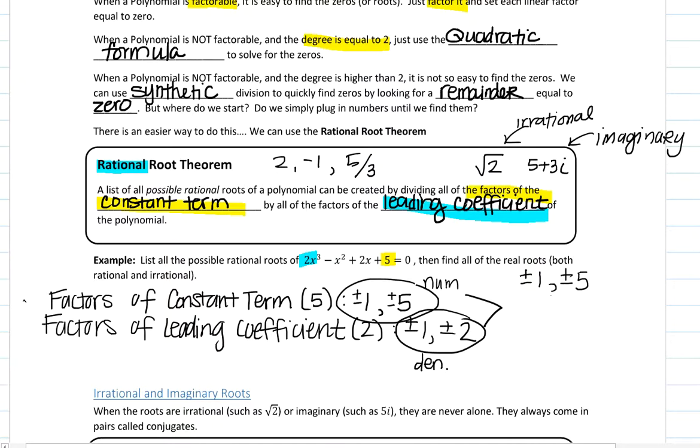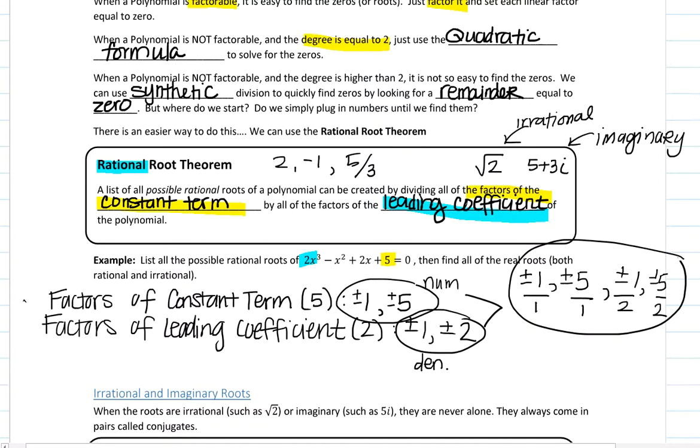So I'm going to divide by 1. Dividing by 1 doesn't change anything, so nothing really happened. But now I'm going to take them again, plus or minus 1 and plus or minus 5, and divide by the other factor of the leading coefficient, 2. Okay, and this is your list.